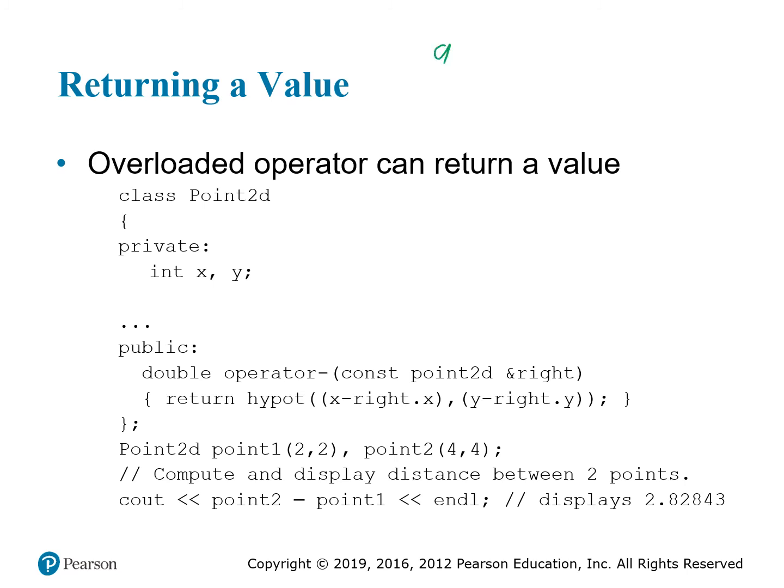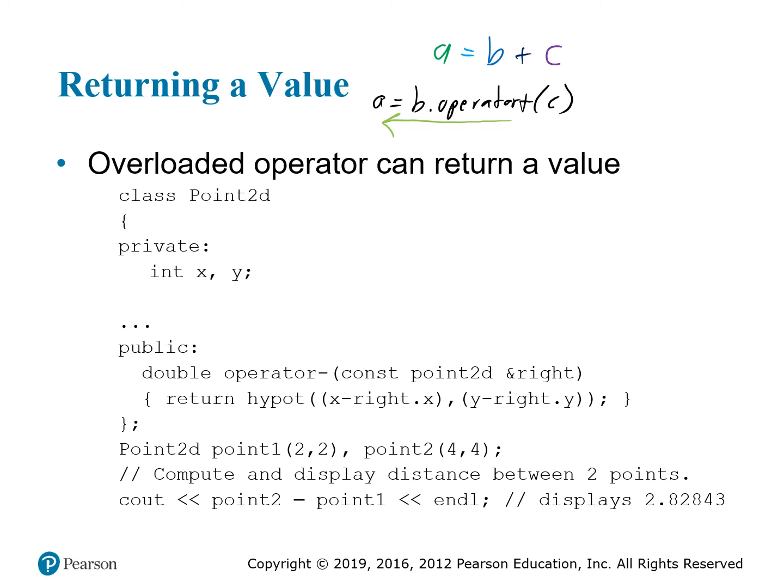A equals B plus C. Okay, so that would be equivalent to writing A equals B dot operator plus of C, which means operator plus has to return a value that can be passed to A through the equals operator.